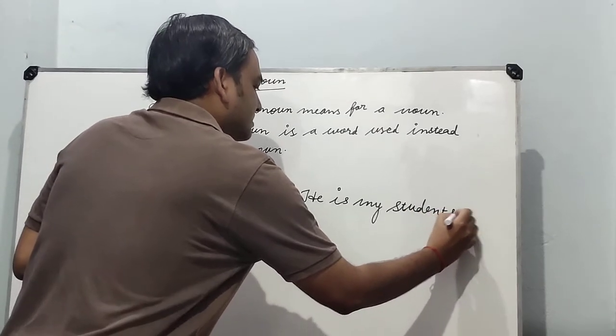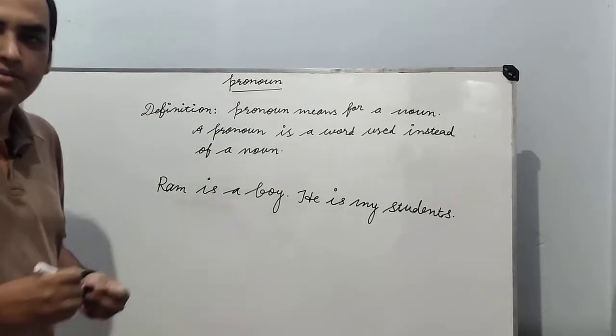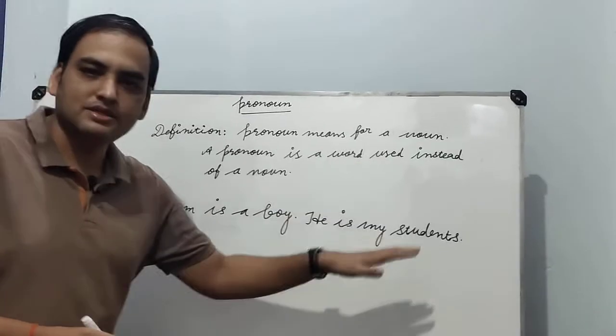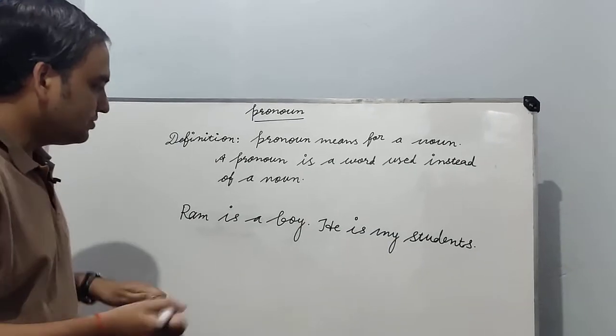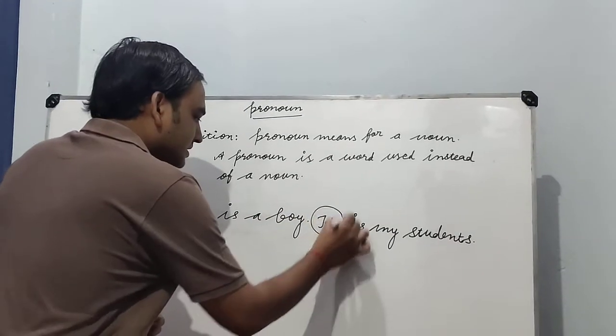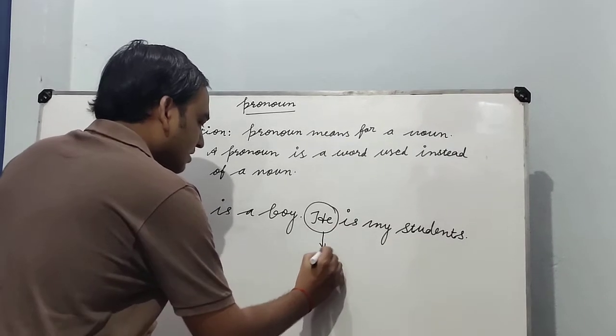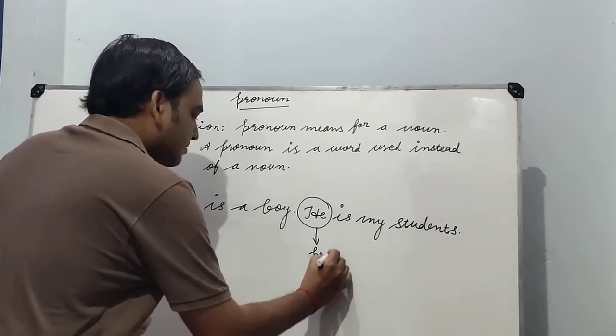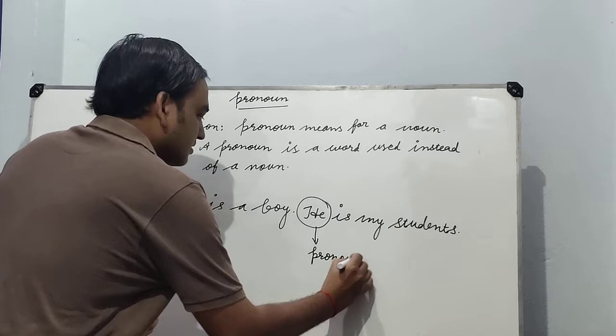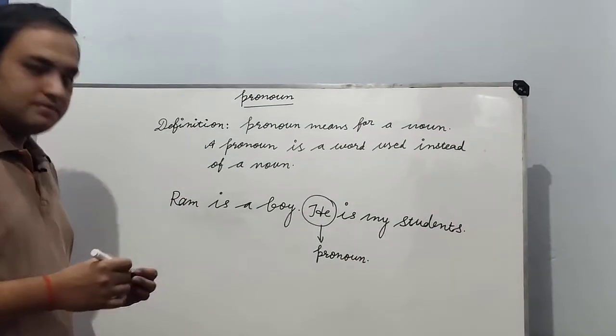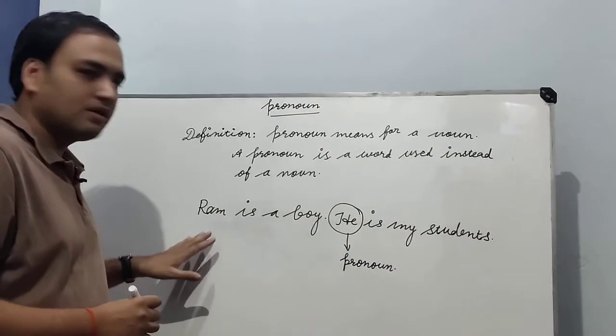Okay, so the next sentence tells about Ram. Who is Ram? He is my student. We are using here he. This is the pronoun. This is called personal pronoun. Okay, the personal pronoun he is used at the place of Ram.